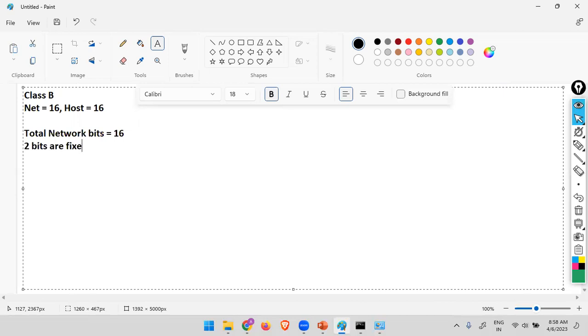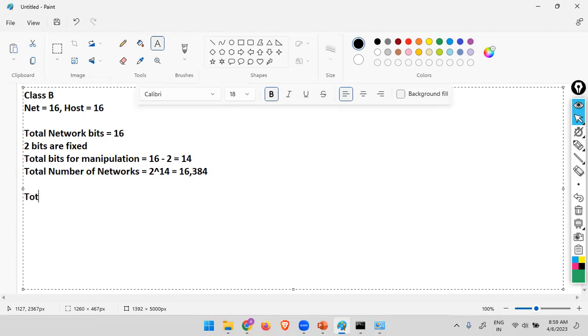That means total bits for manipulation, I have 14, that is 16 minus 2. So if I want to calculate the total number of networks now, that will be 2 raised to power 14. That will be 16,384. These many networks we can design in case of class B.